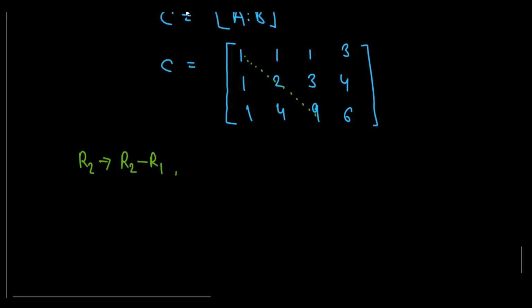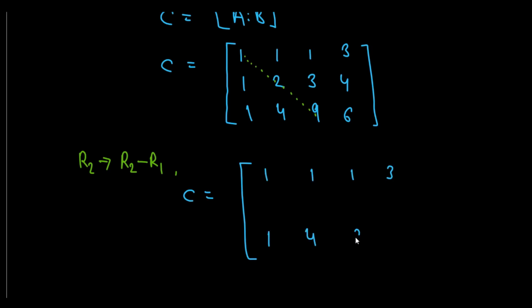By using this operation R2 minus R1, C reduces to: there is no change in R1, and of course no change in R3. Only we have to change the elements of R2. So R2 minus R1: 1 minus 1 becomes 0, 2 minus 1 becomes 1, 3 minus 1 is 2, and it is again 1. So this is the reduced matrix.